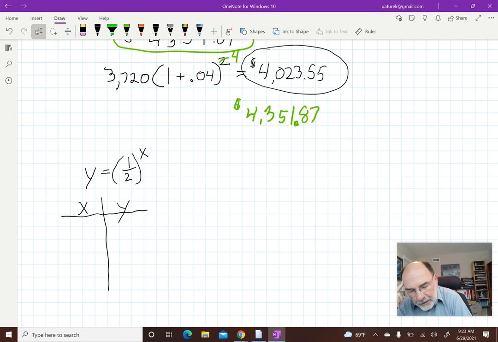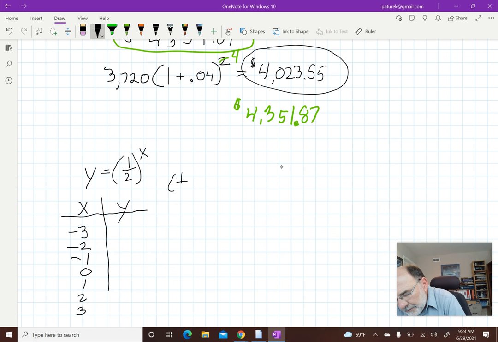So almost as the default values, how about we do -3, -2, -1, 0, 1, 2, 3. And for each one of these values of x, we calculate the value of y. All right, well, for the first one, 1/2 raised to the -3rd power.